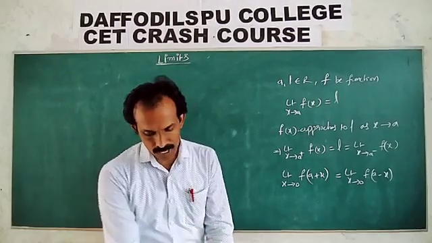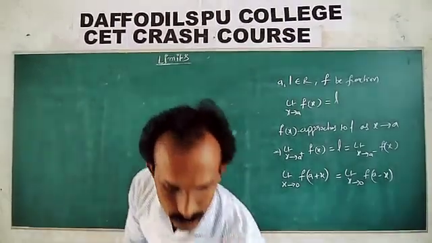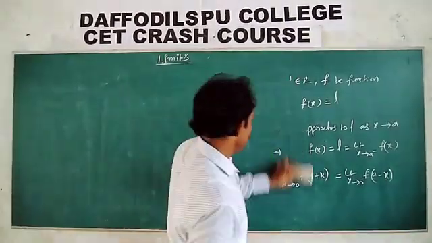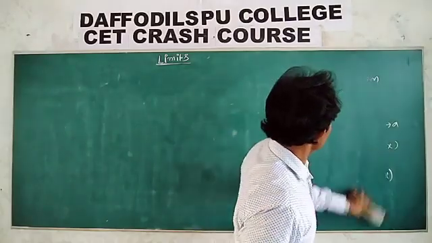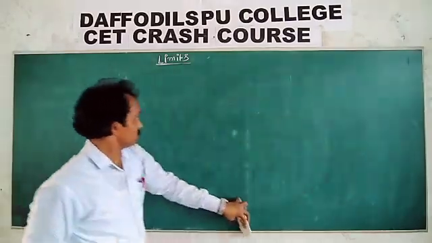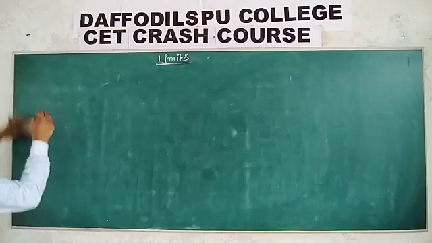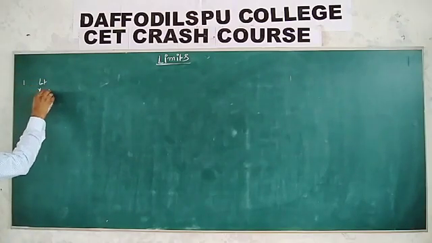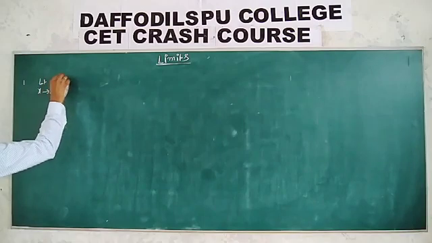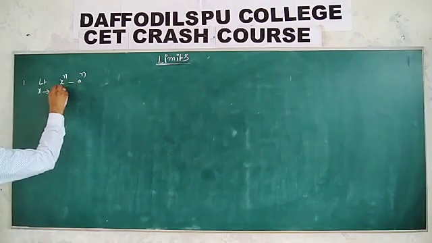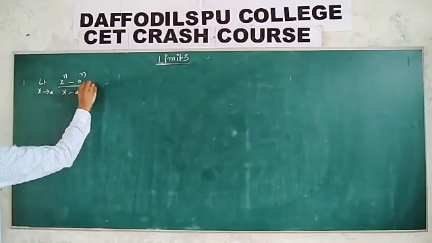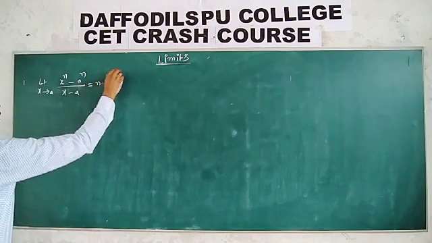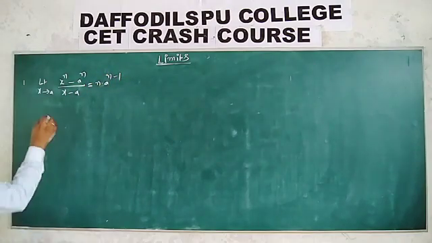Okay, some formulas are there in this chapter. Okay, we know limit x tends to a, x power n minus a power n by x minus a is equal to n into a power n minus 1.